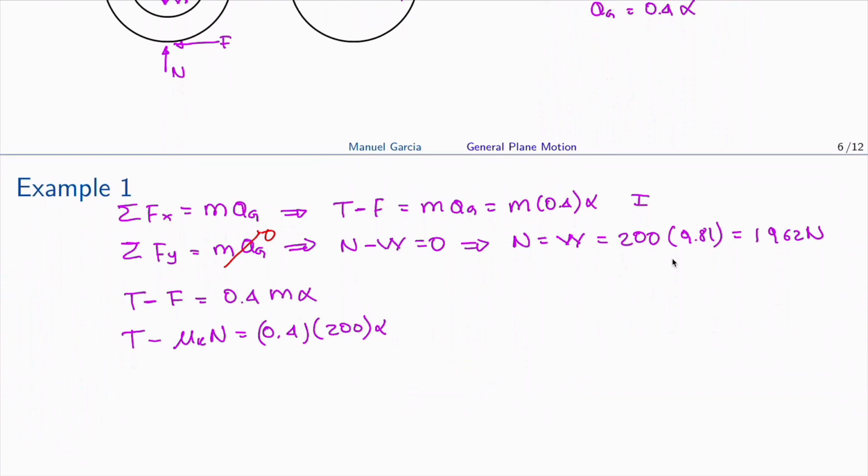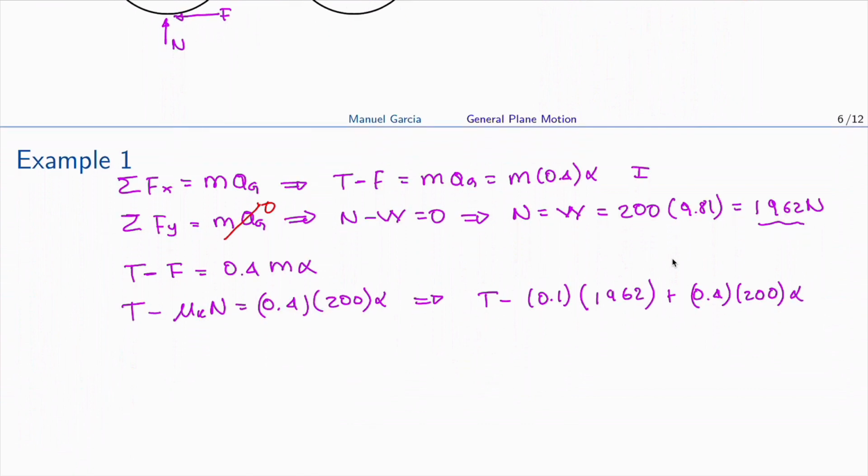So let's keep replacing. We have T minus the coefficient, which is 0.1, multiplied by the normal force, which is 1962 newtons, equals 0.4 multiplied by 200 multiplied by alpha.